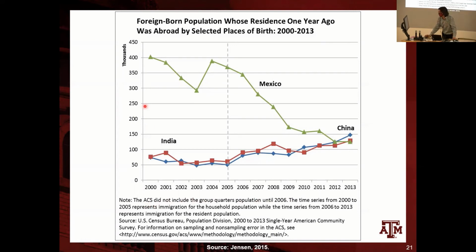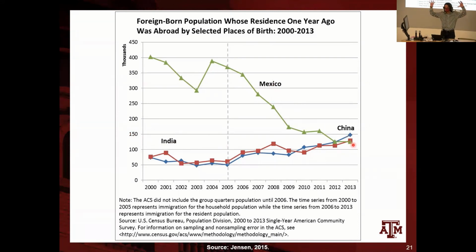And these are the numbers for people who reported living abroad 1 year ago, back in 2000, 2001, 2002, and these numbers have been declining, right? And then you will see this decline in Mexico and an increase from India and China. And then China overall, data from 2013, you had 150,000 people reporting that in the previous year, they were living in China, and around 125,000 saying that they used to live in Mexico 1 year before.